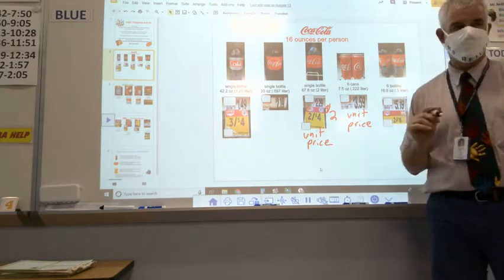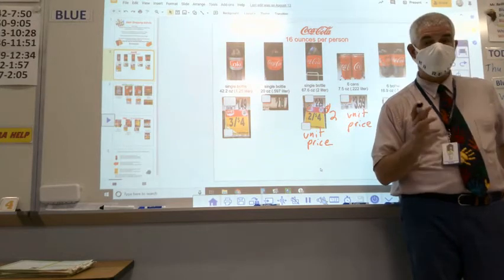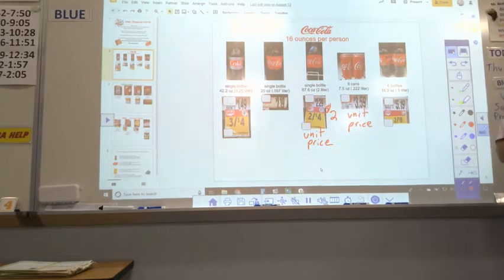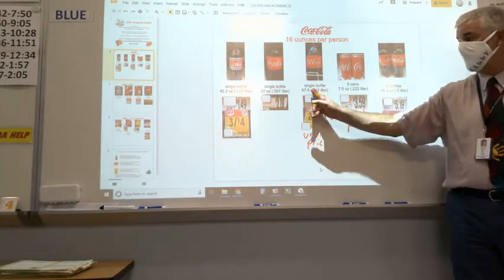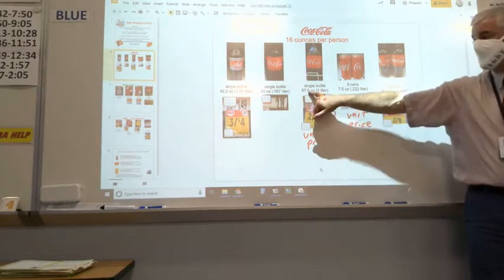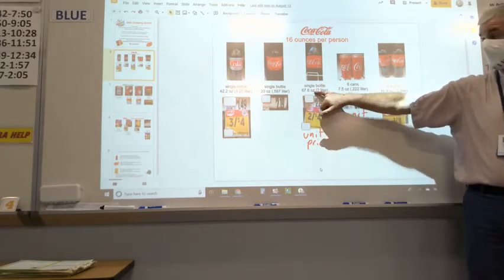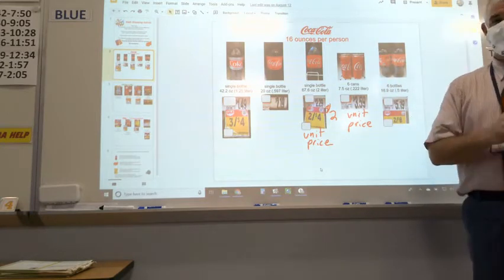What is the unit price for this 2-liter bottle of Coke? Did anyone calculate it yet? The unit price for this in ounces, okay? Don't do it in liters. The 2-liter bottle, how many ounces? It's 67.6 ounces of Coke. That's what 2 liters is. 67.6 ounces.